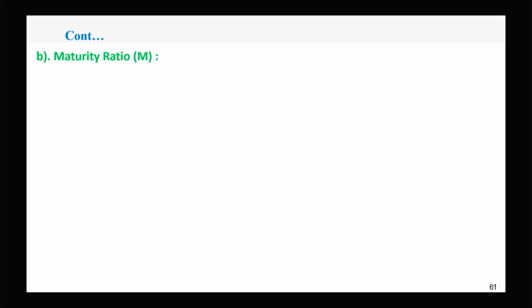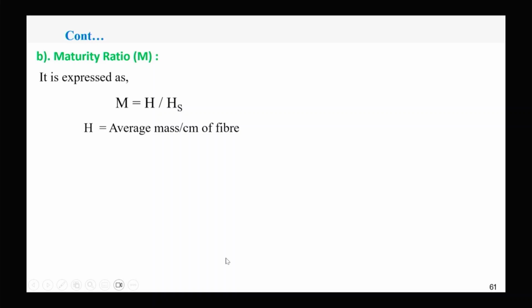Now maturity ratio is expressed by the average mass per unit length of fiber and the average mass per unit length of standard fiber.